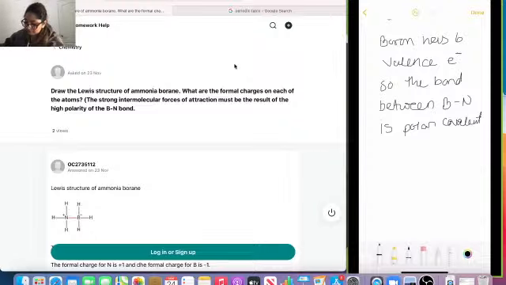So if we were to break the structure, I'll just rewrite it like this, N and nitrogen, and boron with H. You can see how boron's outer shell is basically filled, whereas nitrogen still has 2 valence electrons left, so it can make another bond, whereas boron cannot, because it has filled its outer shell.